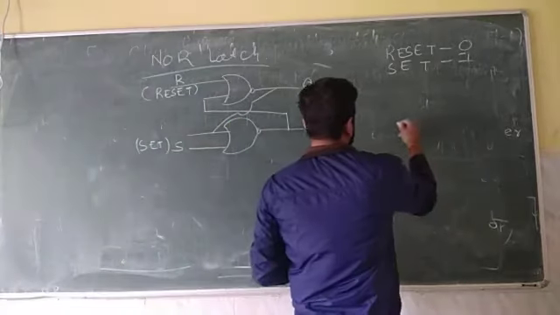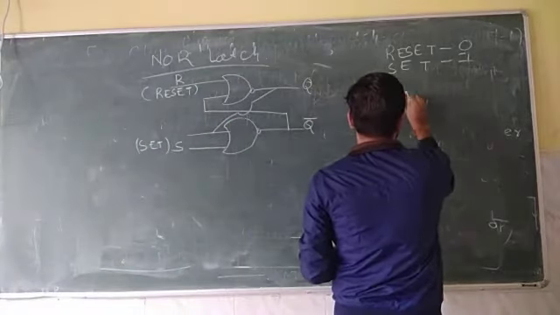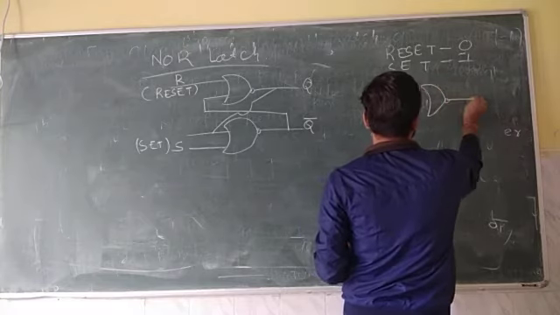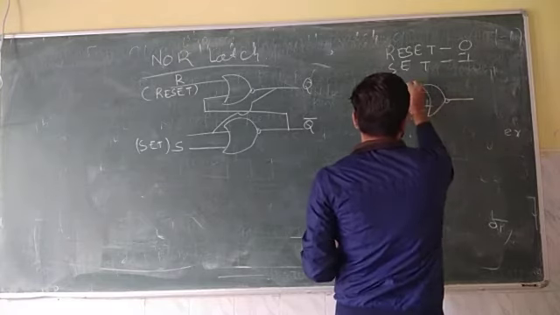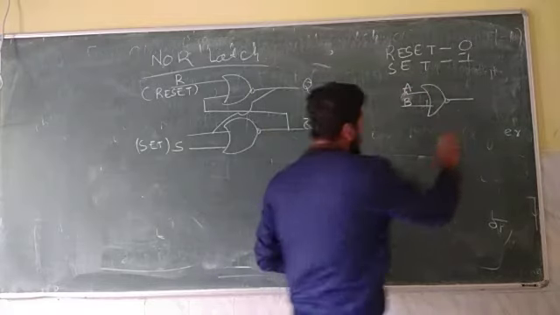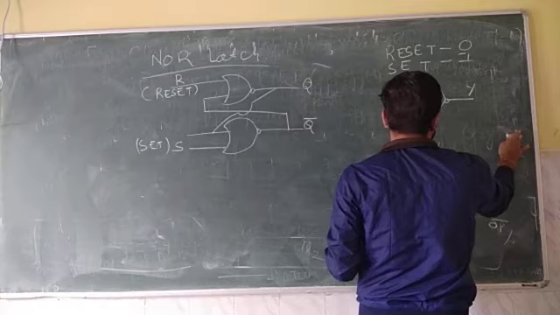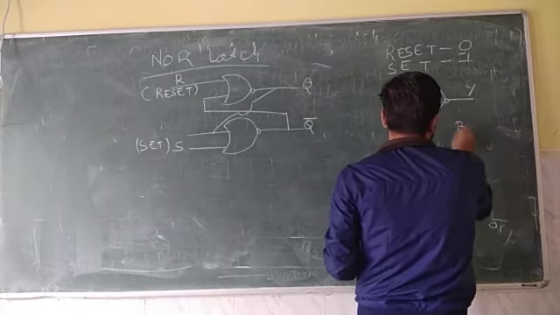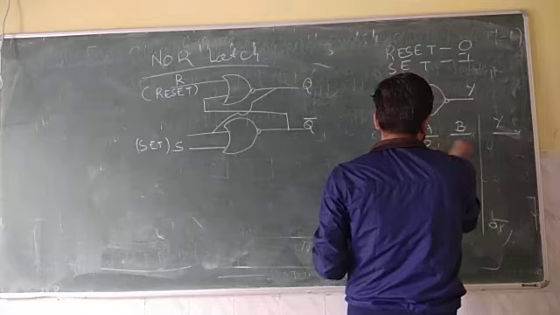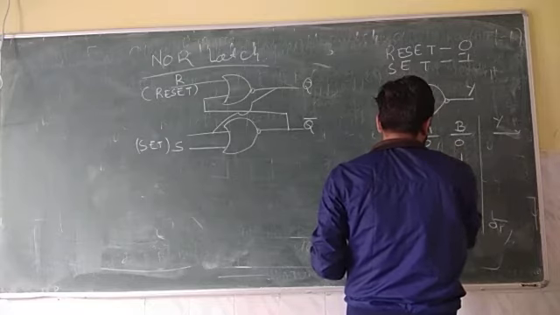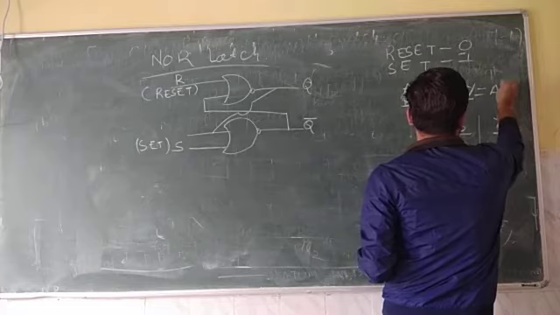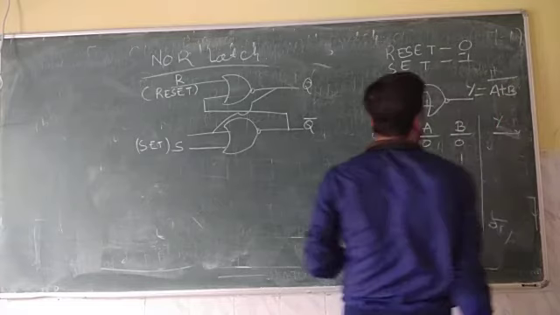This is your NOR gate, where we have inputs A, B and output Y. AB can be 00, 01, 10 and 11. For the NOR gate we have Y equals A plus B whole bar.